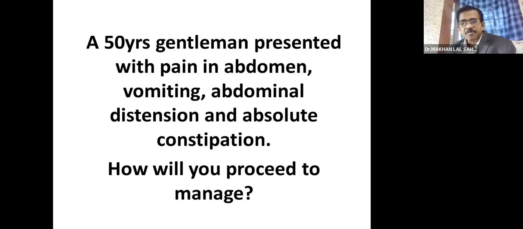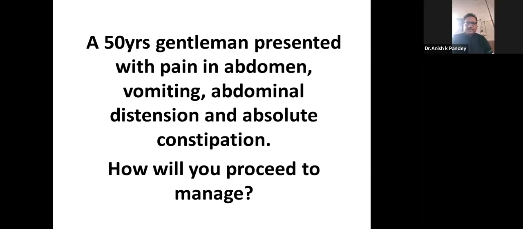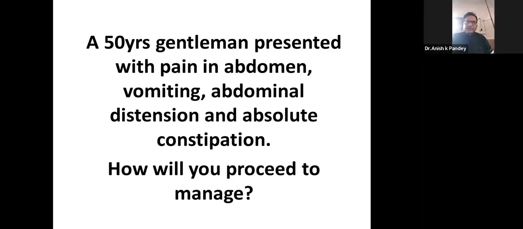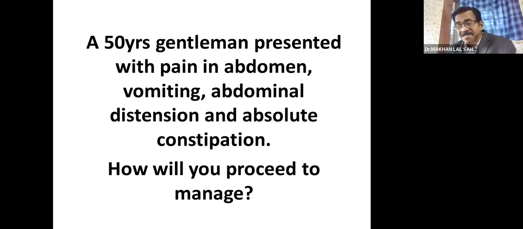The X-ray shows evidence of small bowel obstruction. What should be your next step? You are not sure about the cause of obstruction, and you are not sure about strangulation also. Why is it important to diagnose strangulation? Sir, we will not wait for anything, we will just go for surgery. Strangulation requires early surgical intervention.